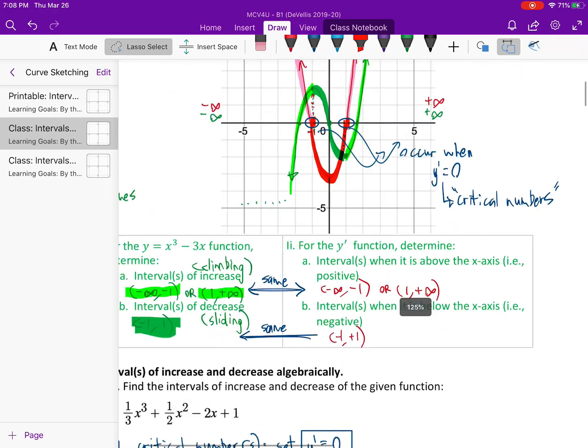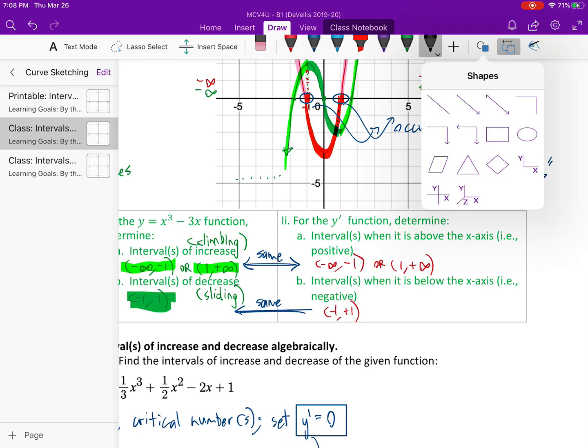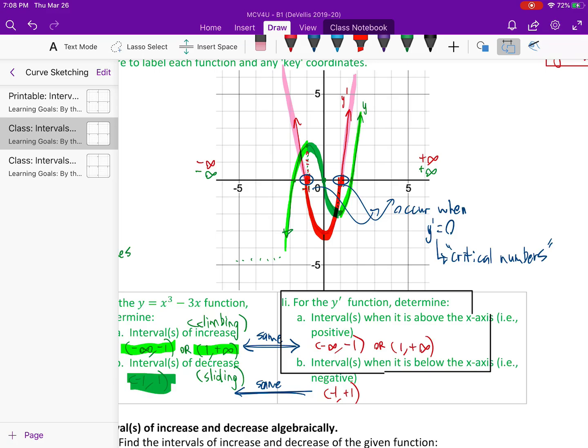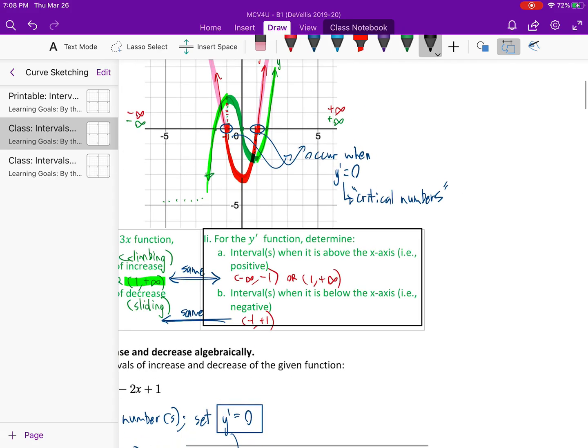Because you may remember up here, if the derivative function is above the x-axis, in other words, if y prime is greater than 0, then we have an increasing function.